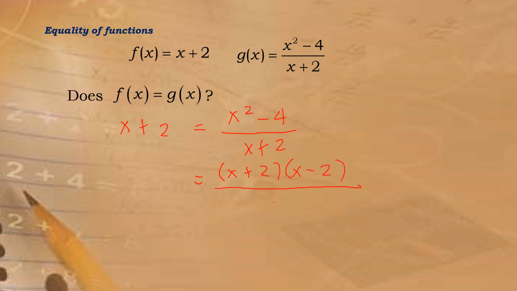Then copy the denominator, x plus 2, so we can cancel this out. The answer is x minus 2. Is x plus 2 equal to x minus 2? No. Obviously, they are not equal. So therefore, f of x is not equal to g of x.